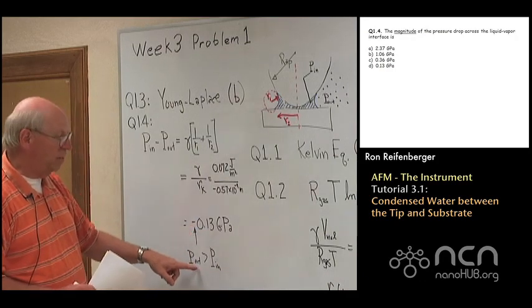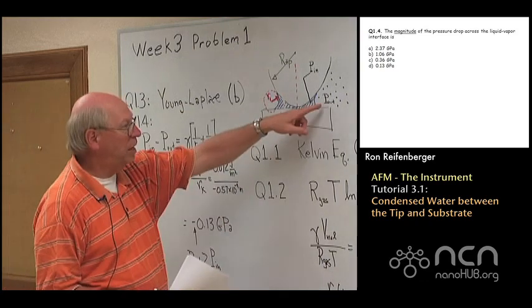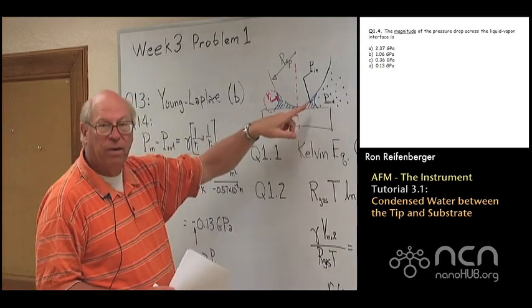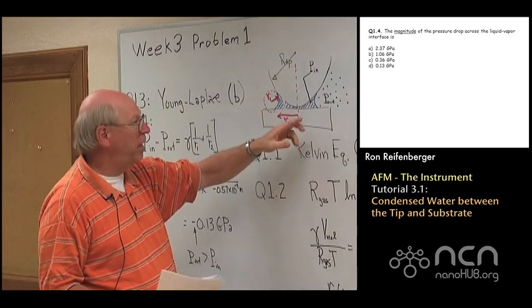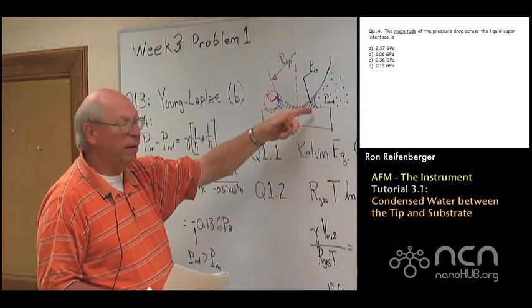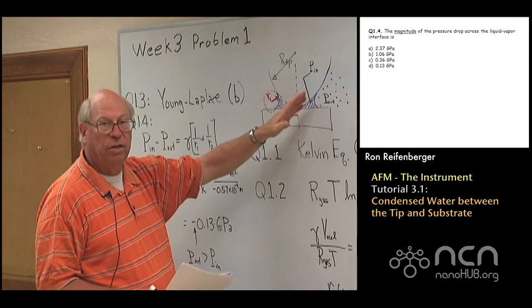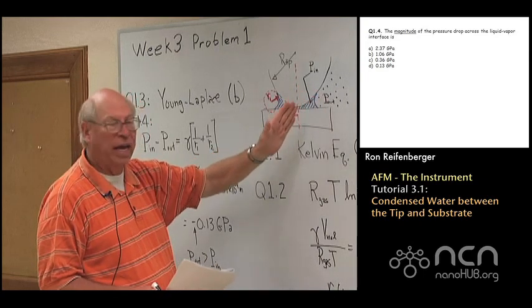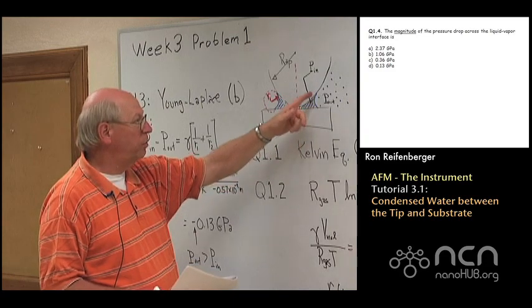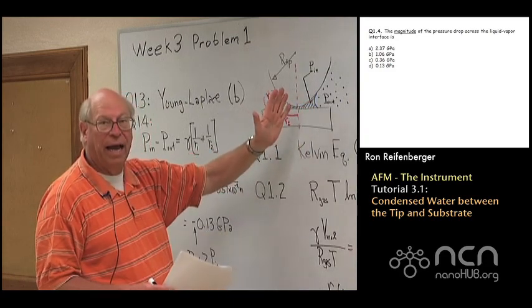The negative sign just indicates that the pressure outside is going to be greater than the pressure inside. And I think you can almost guess that just by the shape of the radius of curvature here. So recall if the pressure outside and the pressure inside are the same, this interface would be a straight line.